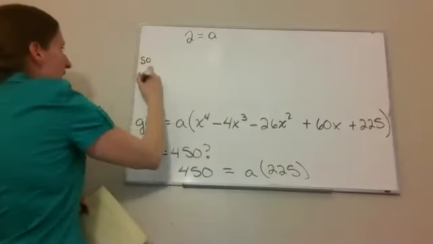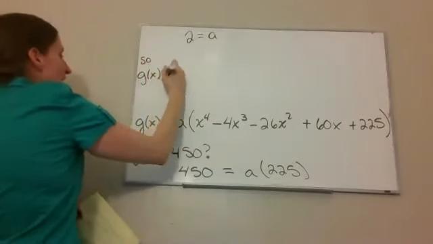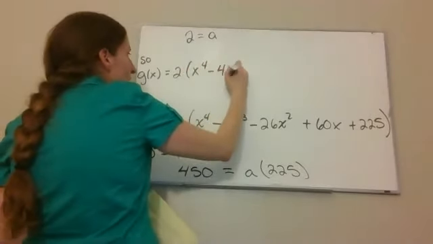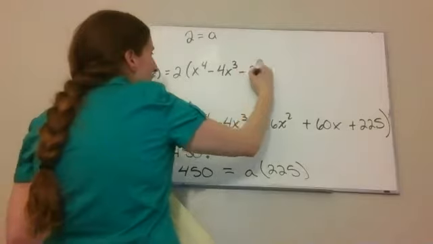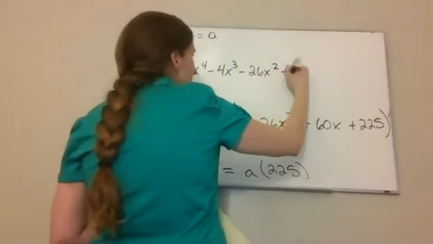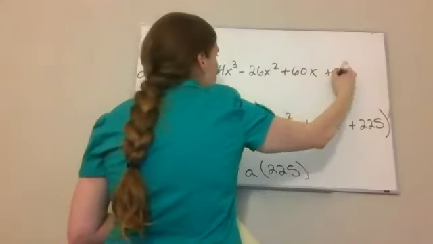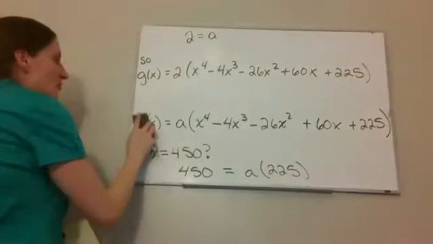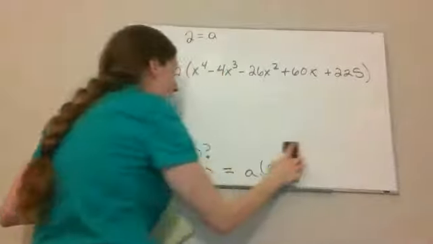So that means that my g of x is 2 times x to the 4th minus 4x cubed minus 26x squared plus 60x plus 225, which if I distribute that 2, we'll have the polynomial completely written out.